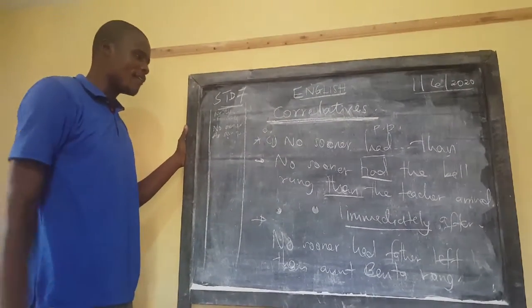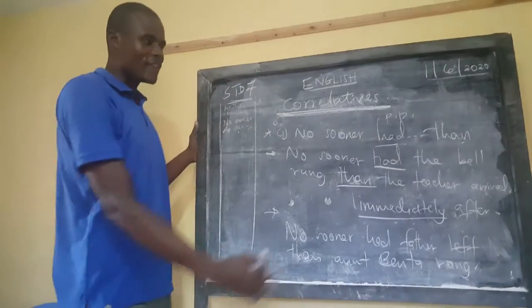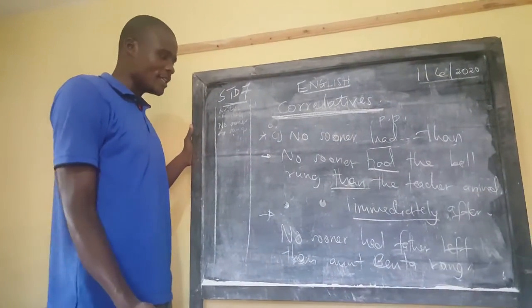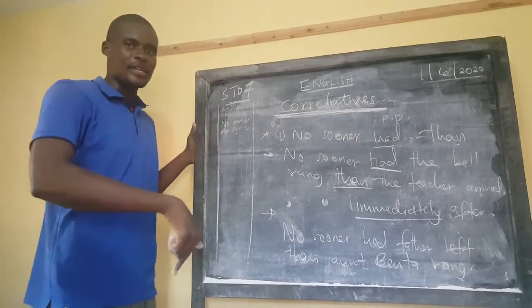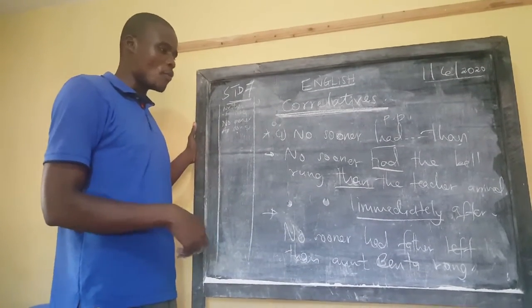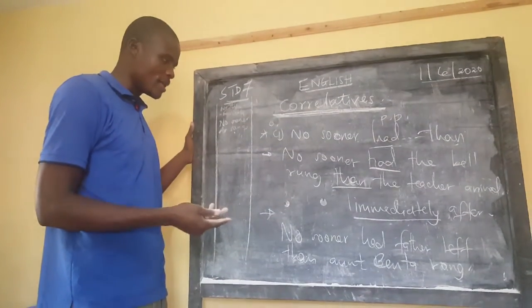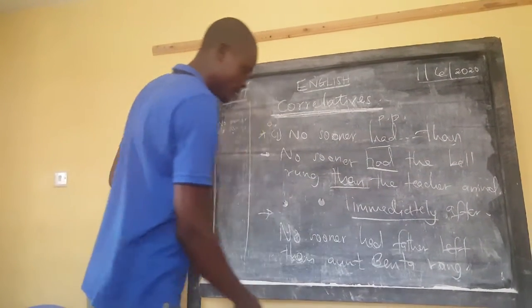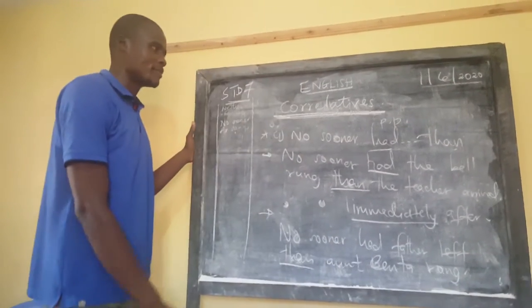So no sooner had father left than Benta ran. So father just left the house, and immediately then we saw Benta running, maybe your home phone. So no sooner had father left than Benta ran.